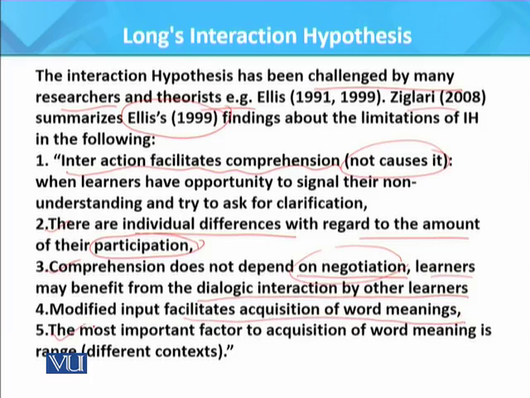The most important factor for acquisition of word meaning is the range, that is the different contexts in which those words are used and how effectively they convey the intended meaning. These are some of the limitations that have been identified from the work of Ellis on the interaction hypothesis.